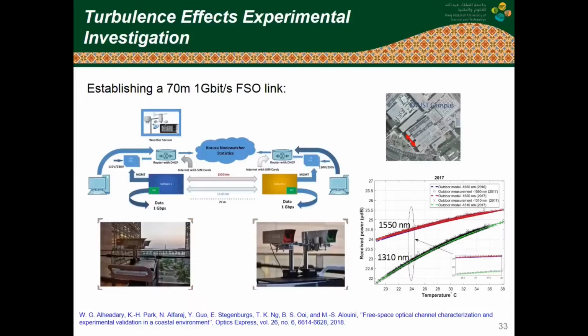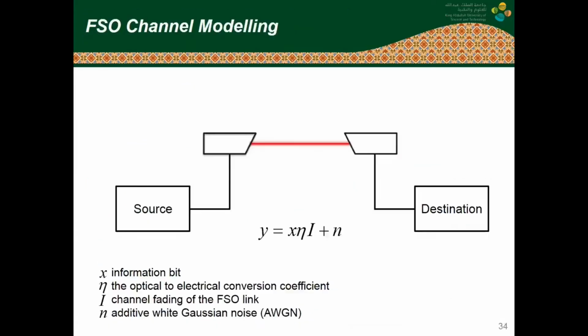A few years ago, one of our former PhD students, now a professor, Professor Wael Haidari, did some experiments here in KAUST, and tried to look at the effect of humidity and temperature in the summer on the amount of turbulence and received power. And we had a paper looking at how temperature and weather conditions impact the received signal.